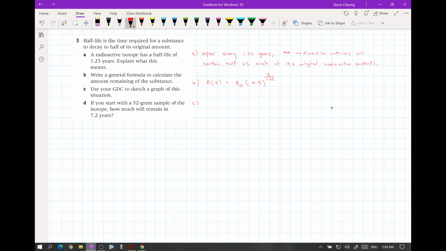Use the CDC to sketch the situation. Okay, I know what it looks like. We can't really even sketch it because we don't know where R naught is, right? If you give R naught a position here, then it will just halve every single 1.23 years. So this will be at 1.23, this will be at 2.46, 3.69.